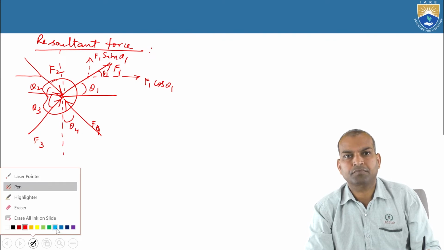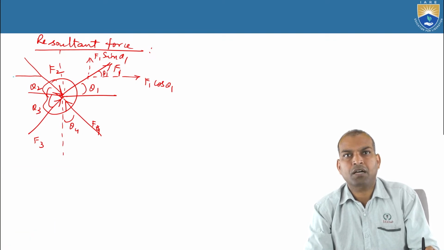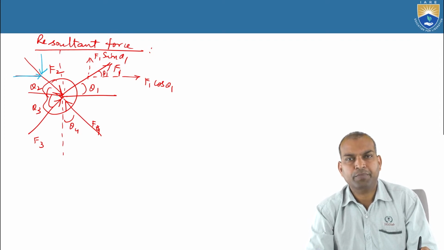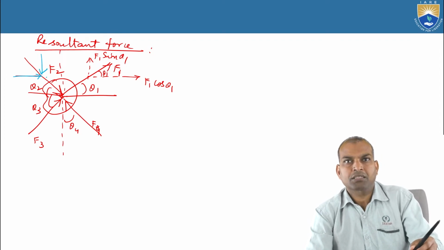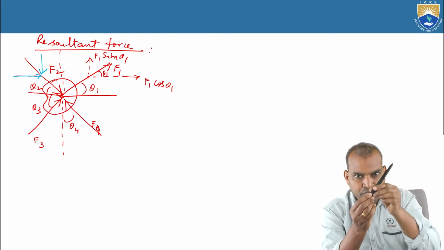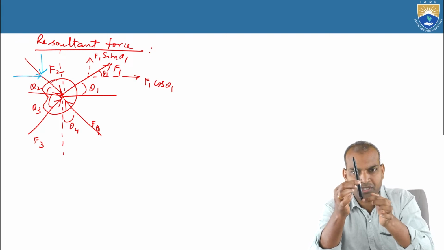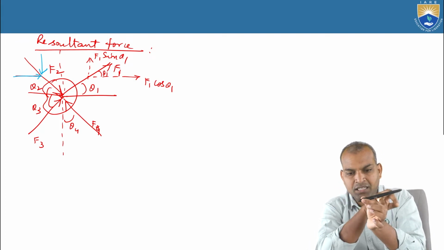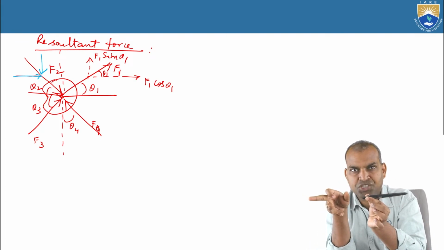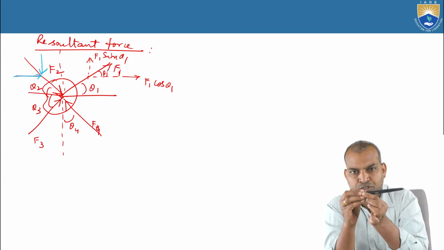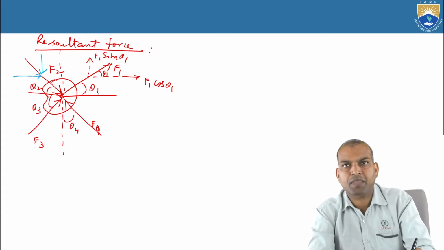This is the horizontal component and this is the vertical component. Please observe: if you make it vertical, the direction is downwards. If you make it horizontal, it moves towards the right direction.